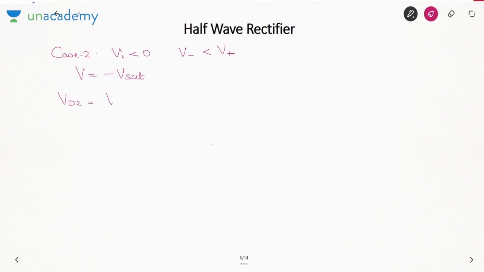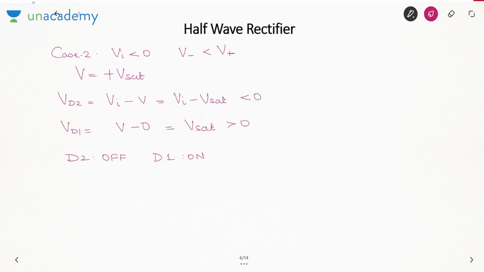VD2 will be Vi minus V, or sorry, plus Vsat, Vi plus Vsat. This value will be negative. What about VD1? V minus 0, or you can say Vsat. That will be positive. So you can say D2 is off whereas D1 is on.